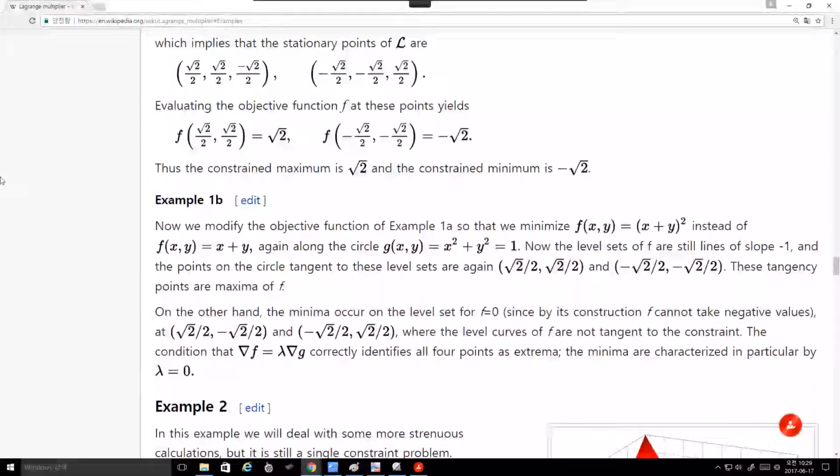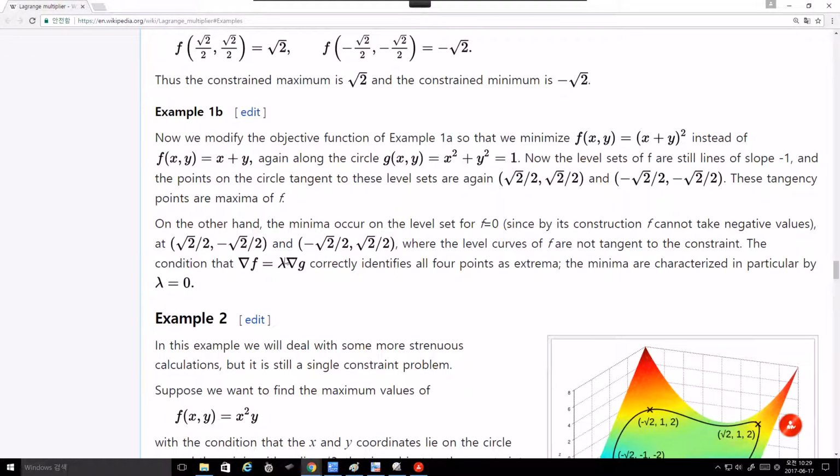Now we have a second example. We modify the objective function of example 1 so that we minimize (x plus y) squared, instead of x plus y, again along the circle. Now the level sets of f are still lines of slope minus 1, and the point on the circle tangent to these levels is again this tangent point.